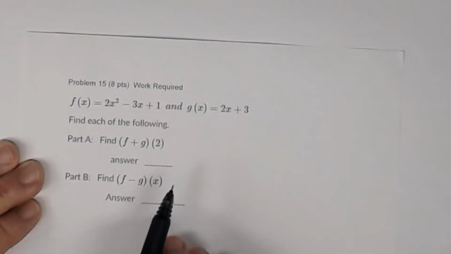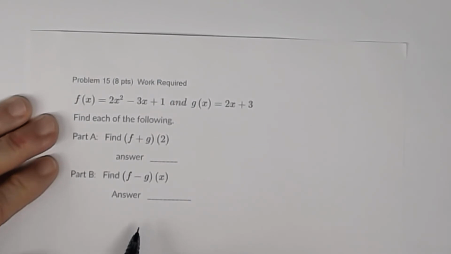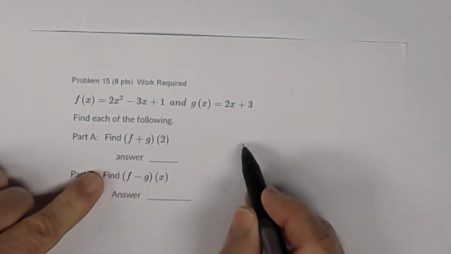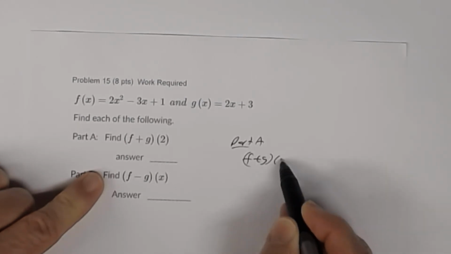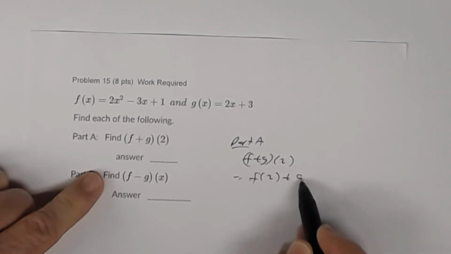Number 15. Here you're looking at combinations of functions. Remember f plus g at 2. Looking at part A, f plus g at 2 means the same thing as f of 2 plus g of 2.